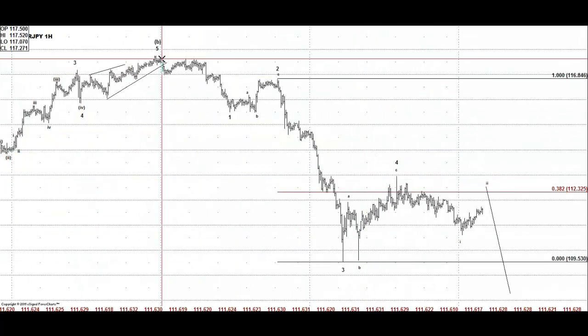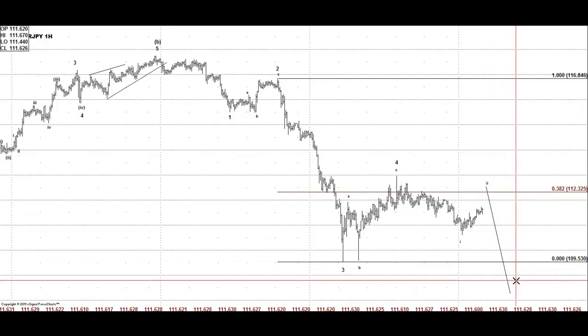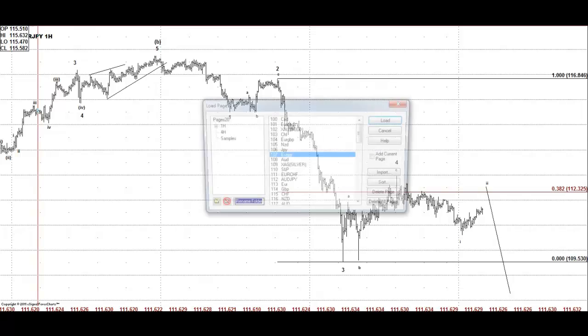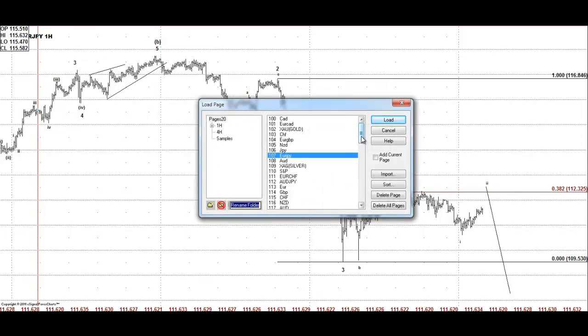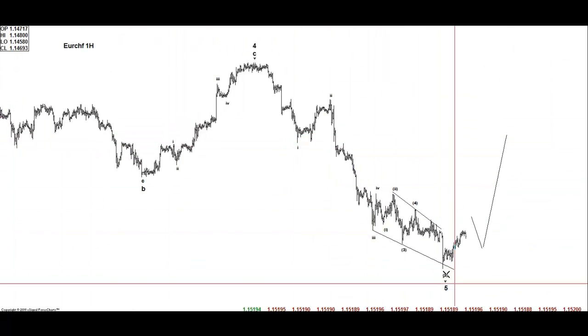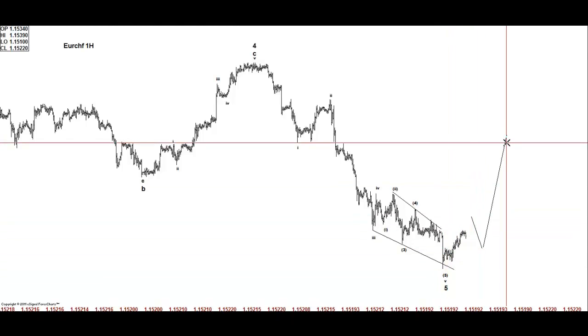I mean, it is still in three-way from here, and don't be surprised if you see another low in this pair. And then, not too much to say today. The euro Swiss also followed our proposed path and possibly created a bottom here before going higher.